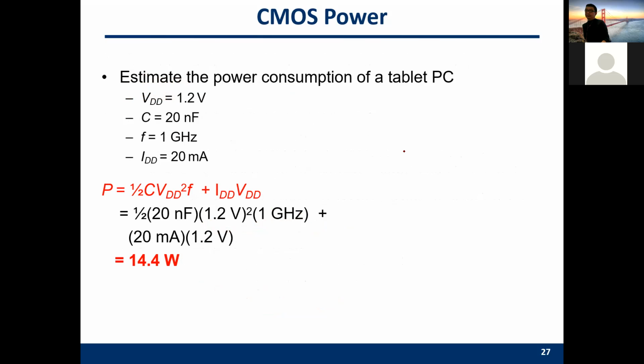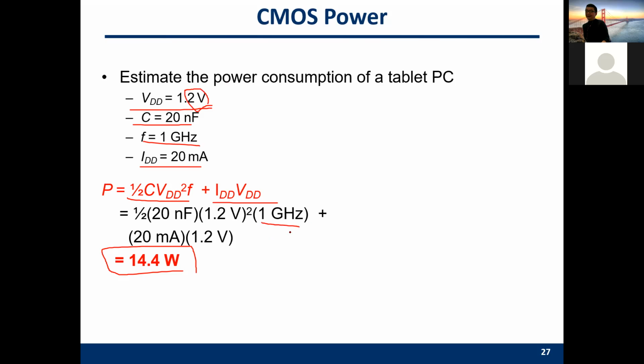Here is just one problem example. If I give you all these values, how to compute the power consumption. Again, the power consumption of a single computer system can be divided into two parts. The first one is dynamic power, the other one is static power. And you just plug these numbers into the equations. Eventually, you can get these values. And please notice that you need to unify the units here.